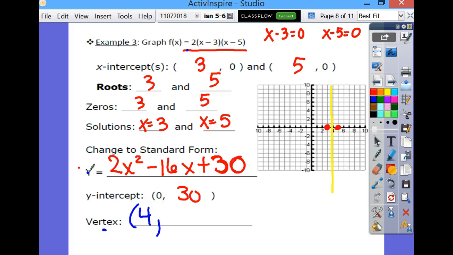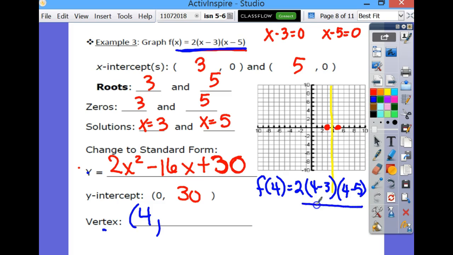So let's plug in that 4 into this equation up here in place of the x. 4 minus 3, 4 minus 5. Put that much into your calculator, and what is that going to be equal to?